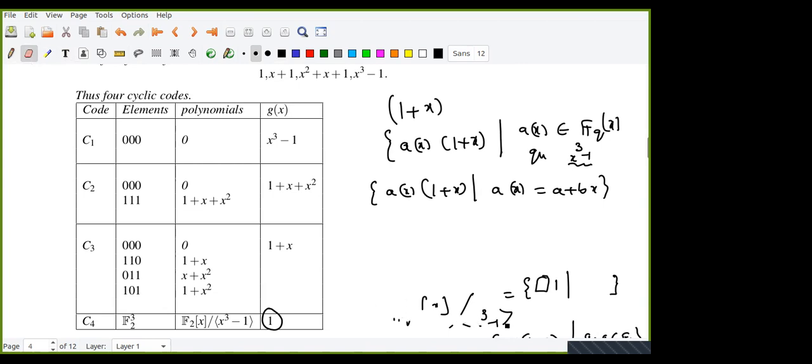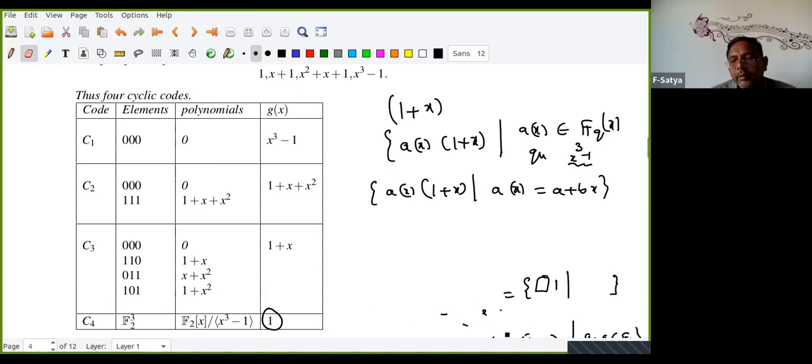Yeah, correct. Here I can take any polynomial, and you can also take any polynomial, but take the quotient with x cube minus 1.